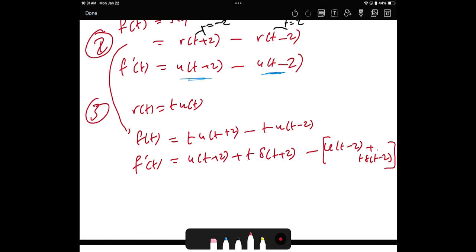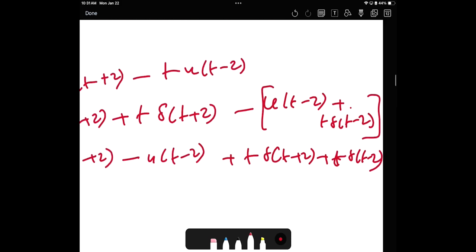So you can substitute them and reverse them. So from u of t plus 2 minus u of t minus 2, then plus t delta t plus 2 plus t delta t minus 2. Now, what should I do next?